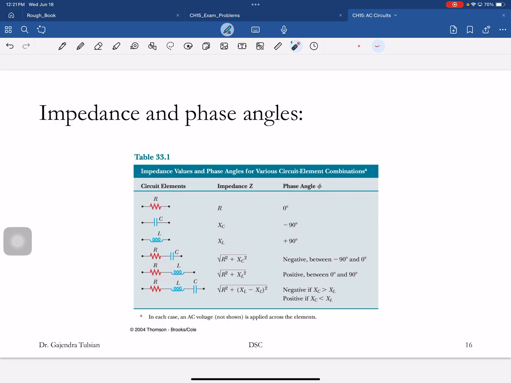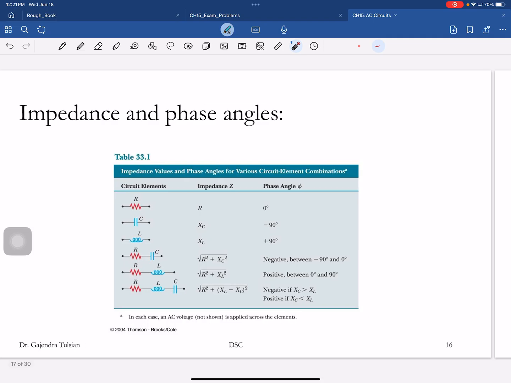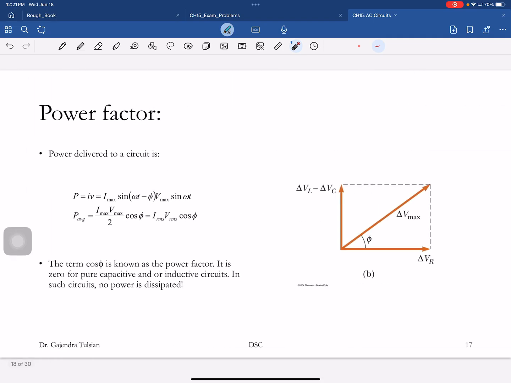For this one, it'll be between 0 and pi by 2. For this one, if XC is greater than XL, it'll be negative, and if XL is greater than XC, it'll be positive. So again, what we are interested in for any circuit is the impedance and the phase angle, and this table lists them for various circuits.